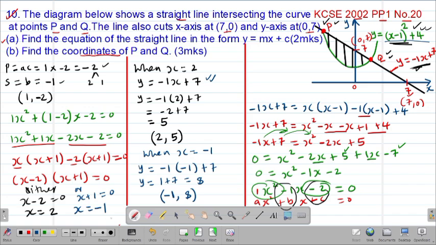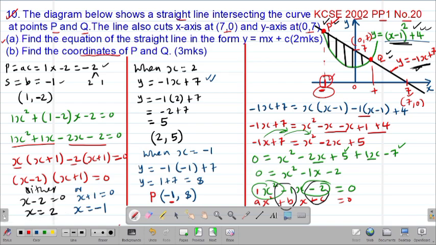Now we need to identify these particular coordinates. From our graph, we can see that P is going to lie on the negative side of the x-axis, whereas Q is lying on the positive side. So the coordinate having a negative value of x will be the coordinate that we are saying is P. Of course this will be P, simply because its x coordinate is negative, and we can see from the drawn graph that P is lying on the negative side of the x-axis.